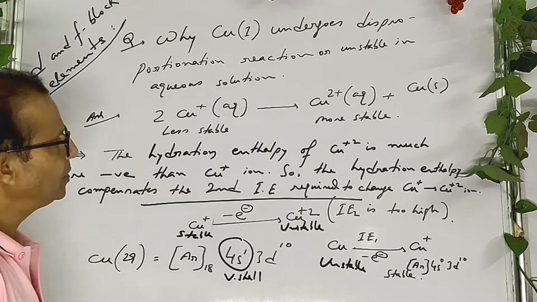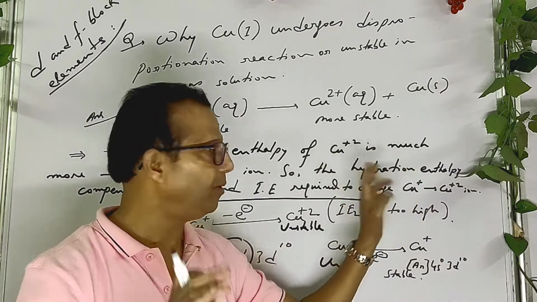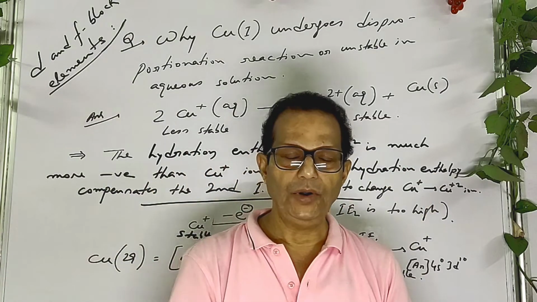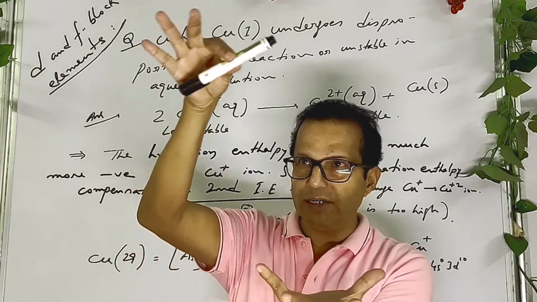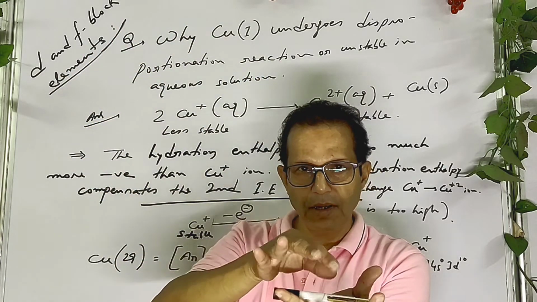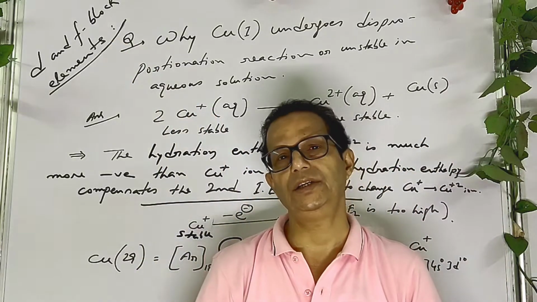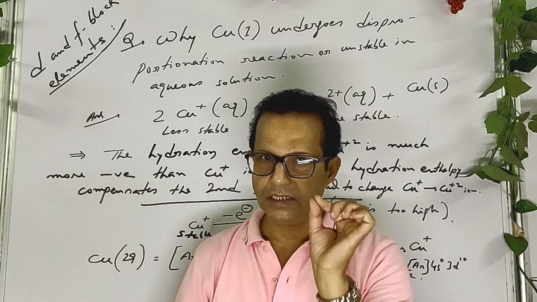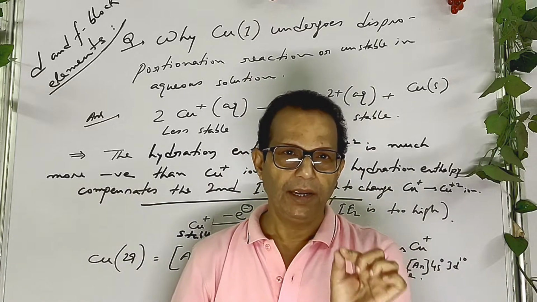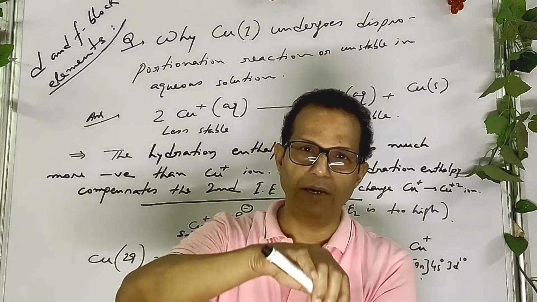Now listen, what is hydration enthalpy or hydration energy? Don't write, only remember it. Whenever a compound is dissolved in water, it releases some energy, that is called hydration energy. So hydration energy is the energy released when a compound is dissolved in water.